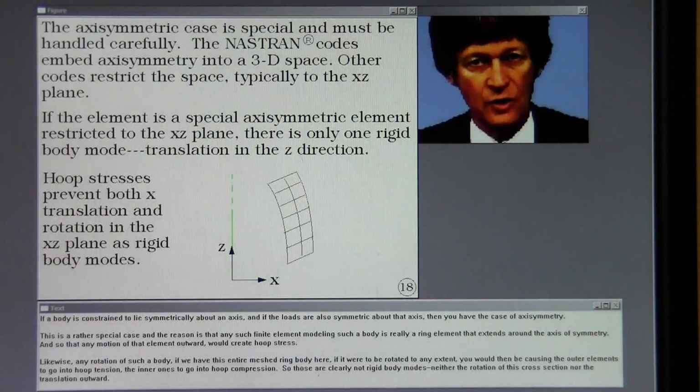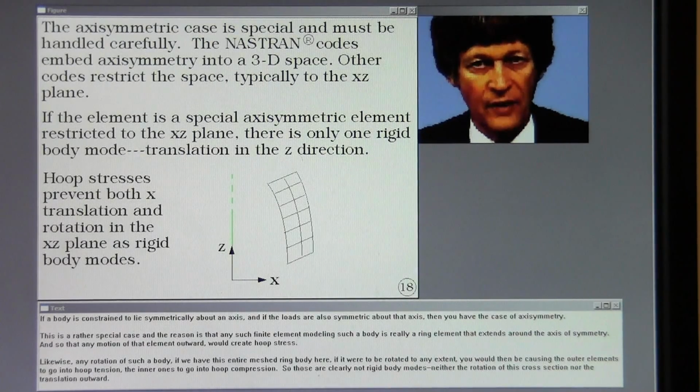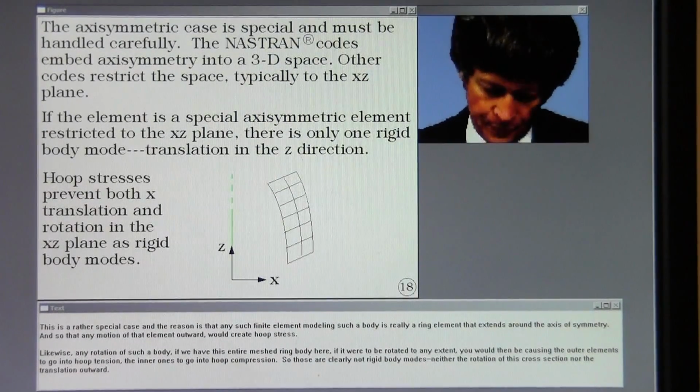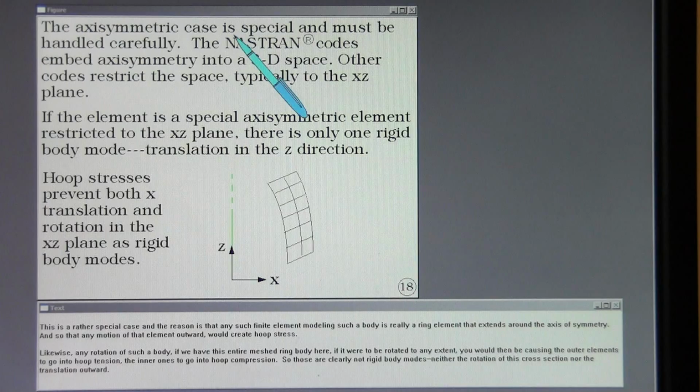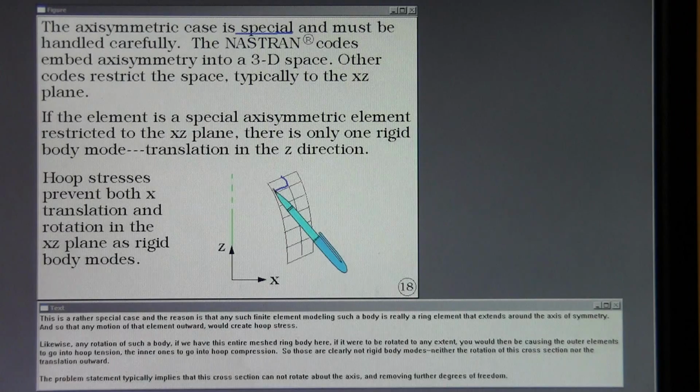If a body is constrained to lie symmetrically about an axis, and if the loads are also symmetric about that axis, then you have the case of axisymmetry. This is a rather special case, and the reason is that any such finite element modeling such a body is really a ring element that extends around the axis of symmetry.